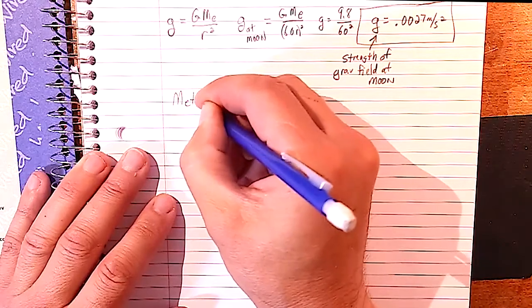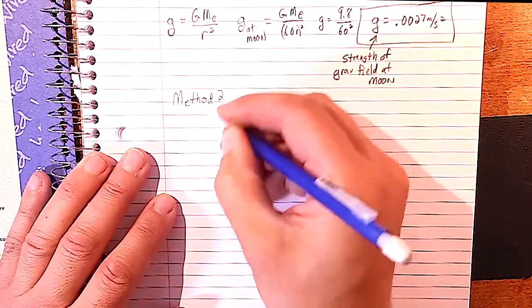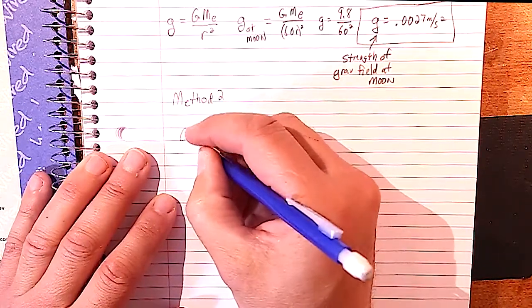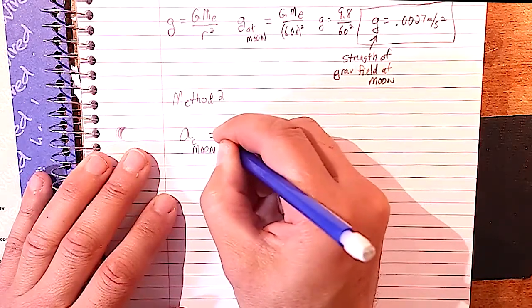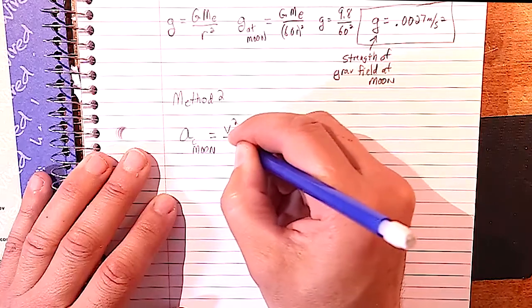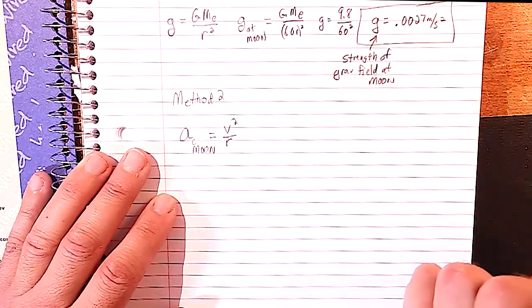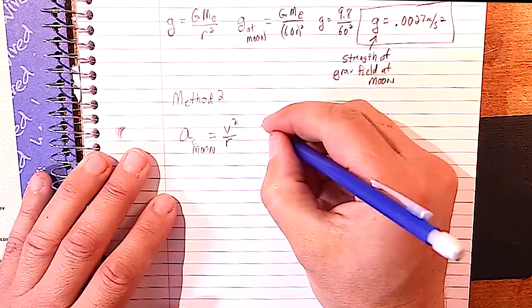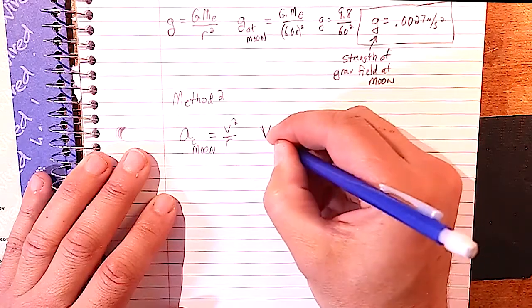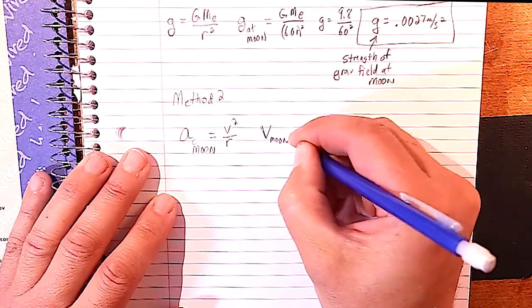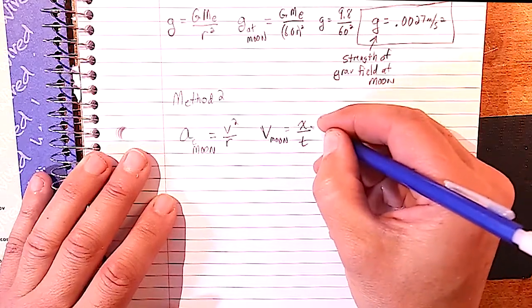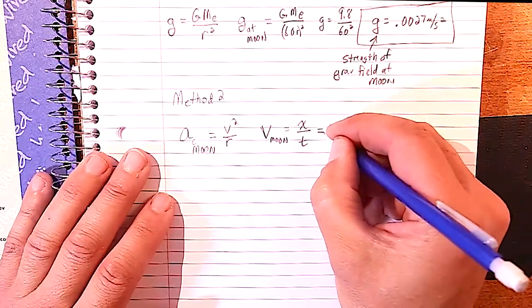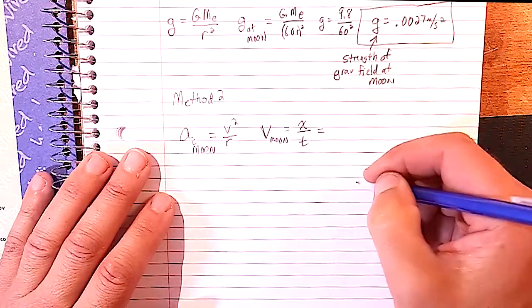We can go with method 2, where we could say a_c of the Moon is equal to v squared over r. Now, we know that we can also say the velocity of the Moon is going to be equal to x over t, the distance that it travels. Well, how far does it go in one orbit?